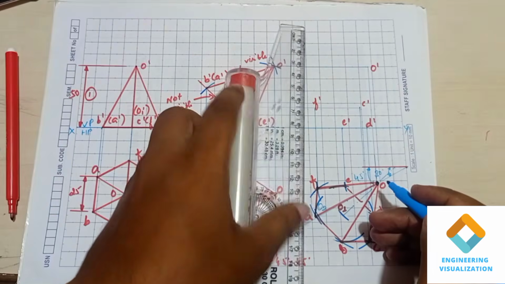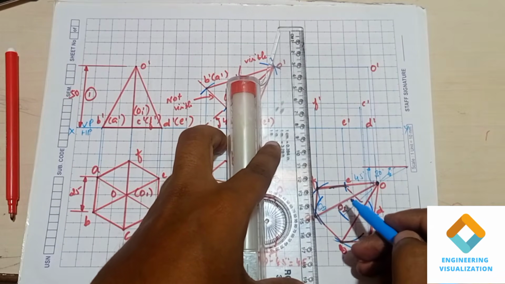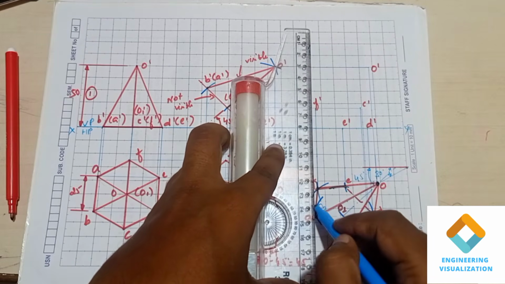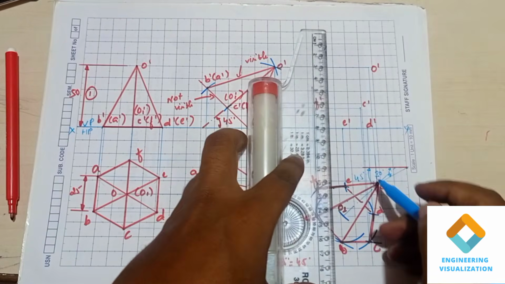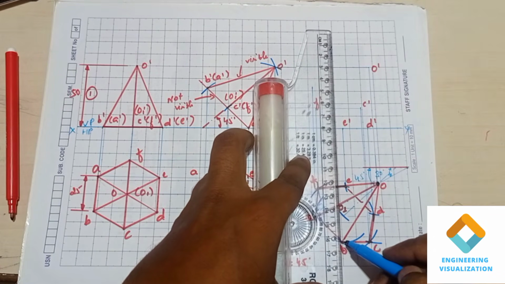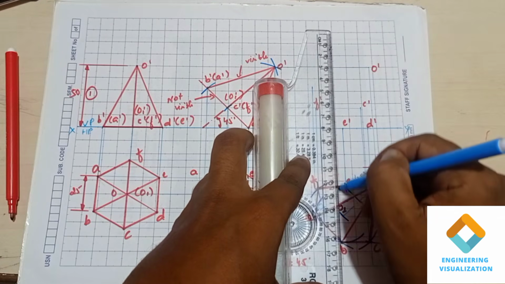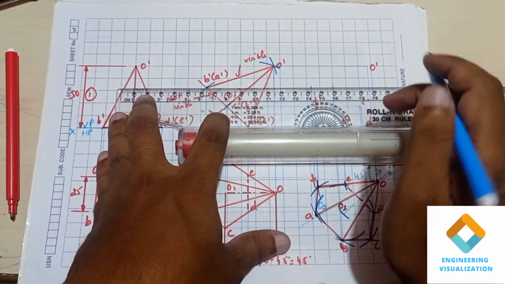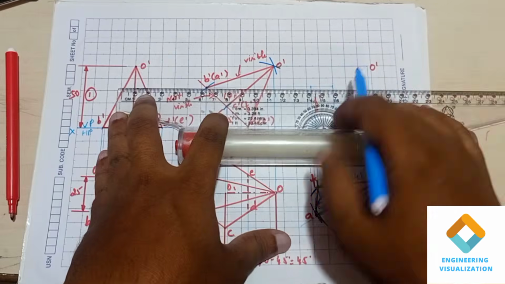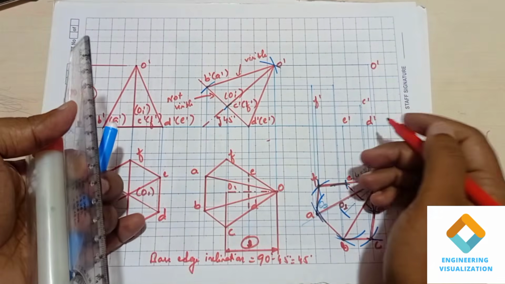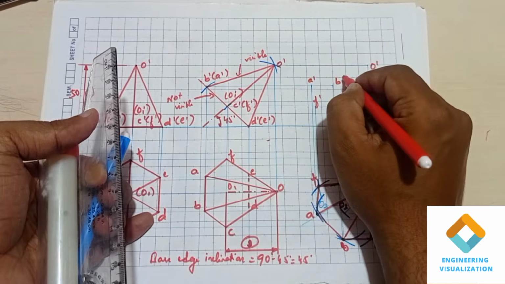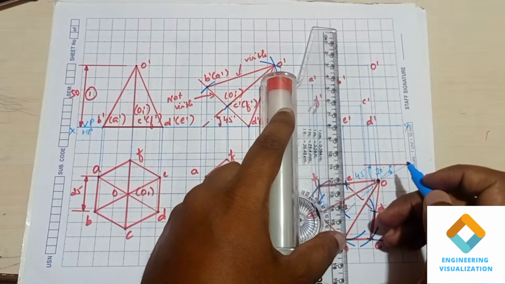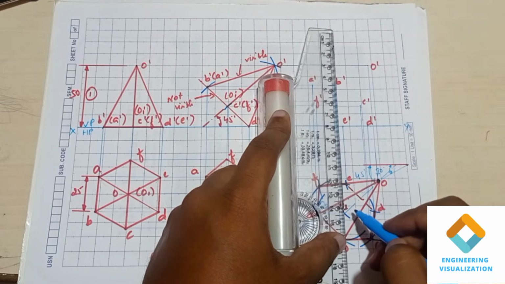Now we need to draw the projection line from A and B. Okay, now finally from O1 and O1 dash there is a projection line.